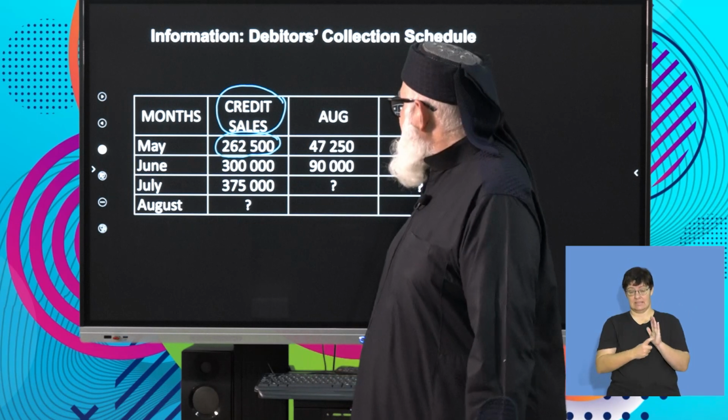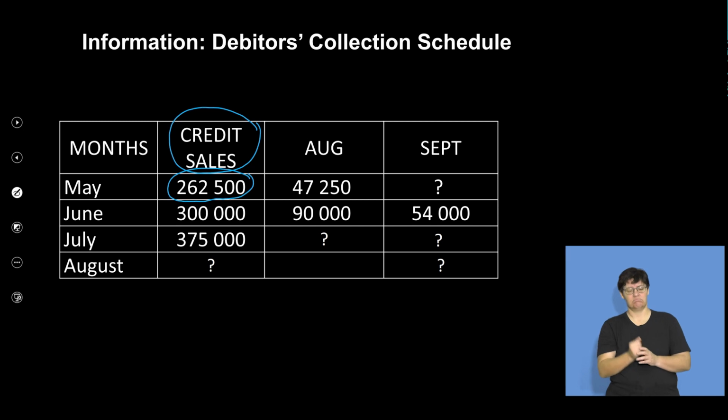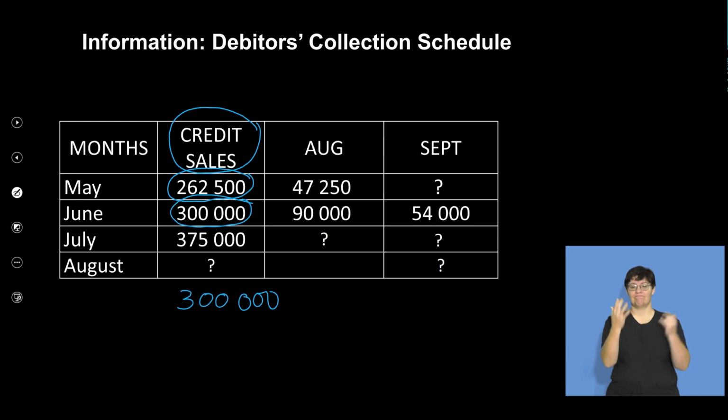Okay, now look at June. June's credit sales figure is 300,000, right? So there's my 300,000 as my figure for June. What am I told? I'm told that 50% will pay me in the month after the month of sale. So in other words, in July, I'm going to be receiving the 50%, right?